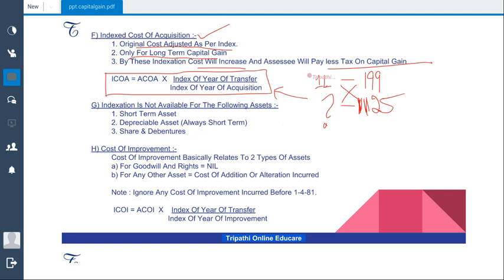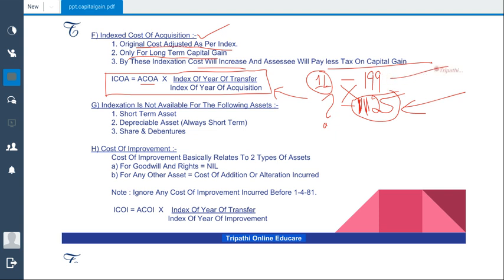What is this 1 lakh? 1 lakh is the actual cost of acquisition, into index of year of transfer. What is this 1125? 1125 is the index of year of transfer. So what we are doing is actual cost of acquisition into index of year of transfer, so this is nothing but the cross multiplication. So 1 lakh into 1125 upon index of year of acquisition.